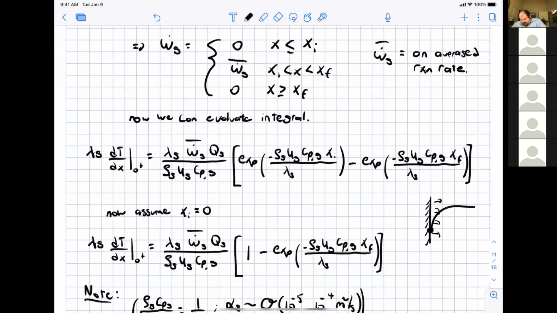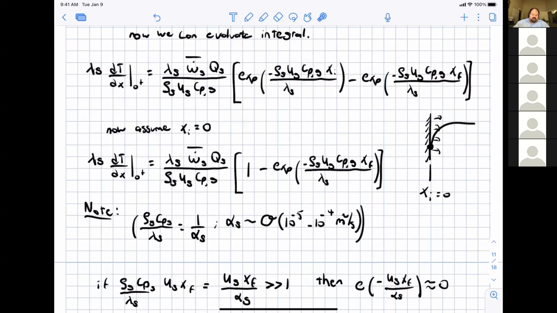And so in general, for simplicity, and it's also somewhat accurate, we can assume that xi is equal to 0. We're going to assume this is equal to 0 because it makes the algebra a bit easier, and it is somewhat physically accurate, just because the pyrolysis species that come off of the surface of a burning propellant are very reactive. If they weren't very reactive, a propellant would not be able to burn stably in the first place. So they have to be very reactive.